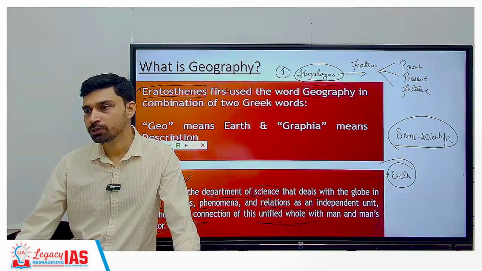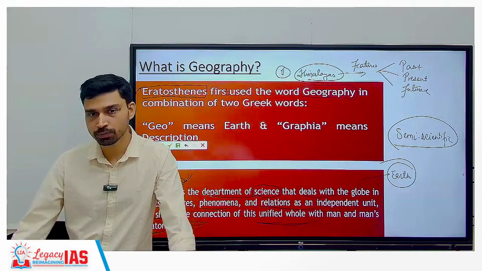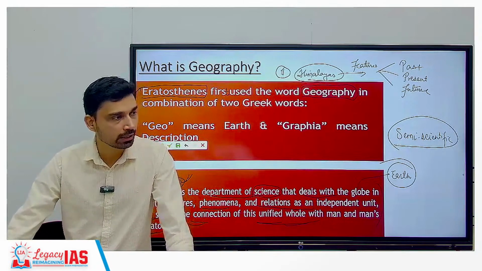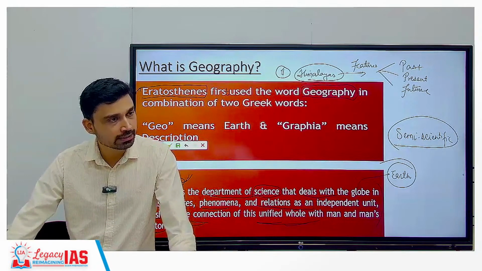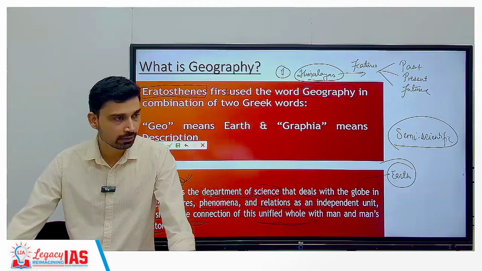Right? Past means what? That is the formation of Himalayas. When and how did Himalayas form? Present means what? The current status of the Himalayas. What is the current height? What are the changes that are happening in the Himalayas, right? And future means what will happen in the future.